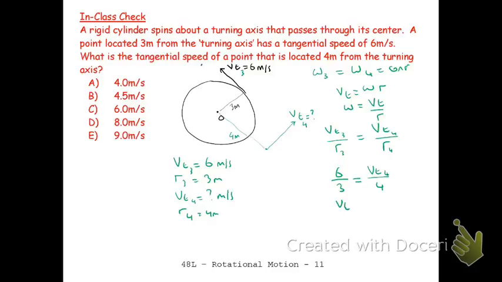Or Vt4 is equal to 6 times 4 over 3, which equals 8 meters per second. Not squared, meters per second. And it's going to be a plus 8. Signs do matter. It's plus 8.